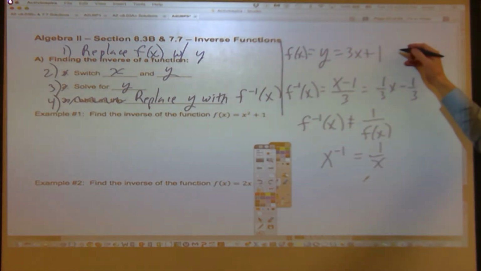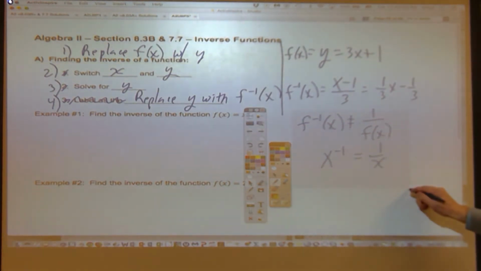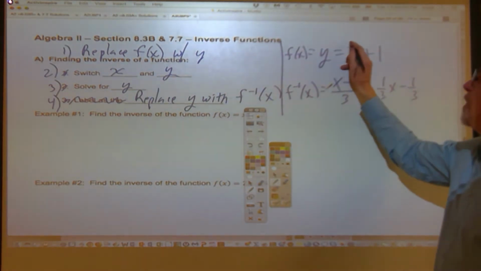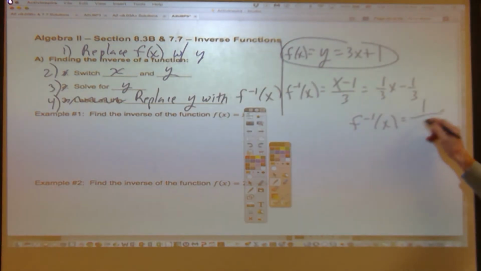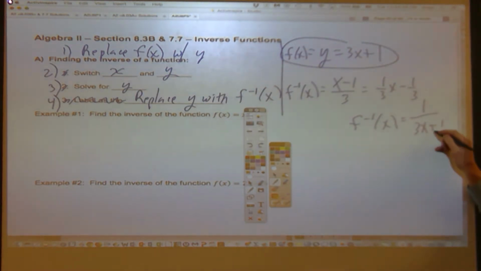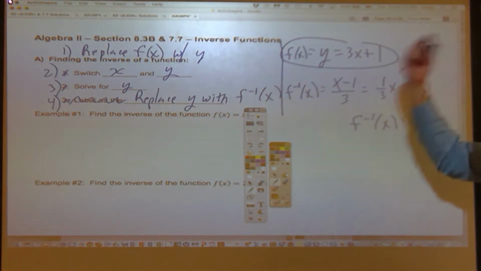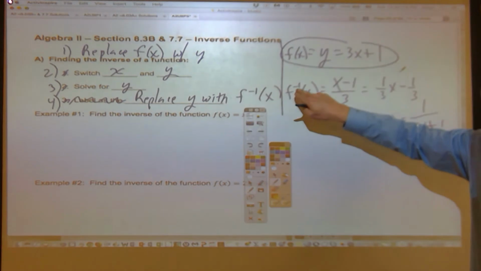They went through the whole unit thinking that to find the inverse of this function, you just take 1 over 3x plus 1. Well, 1 over 3x plus 1 is not the same thing as 1/3 x minus 1/3. And that's the only other time he got angry, when people were confused as to what that -1 means in inverse functions.